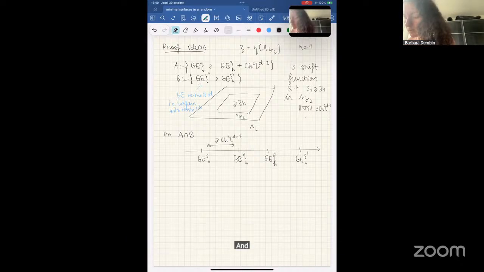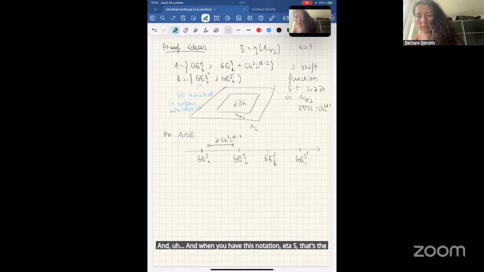And when you have this notation eta S, that's the shifted environment. And here we will choose a shift function S in such a way that you want to push your surface to go to height h.